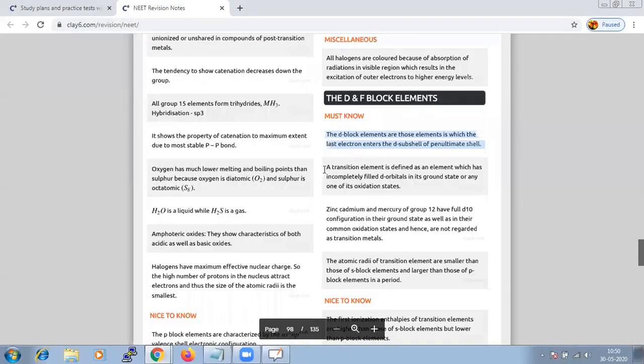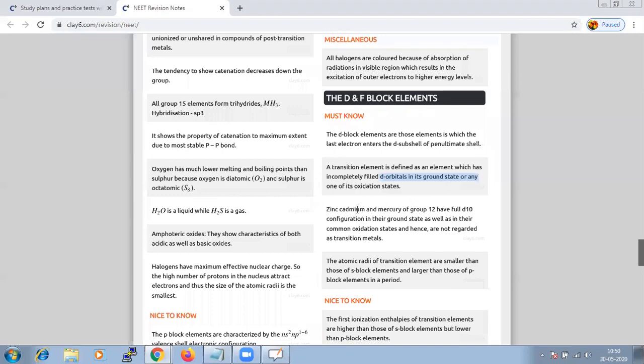A transition element is defined as an element which has incompletely filled d orbitals in its ground state, or in any one of its oxidation states.